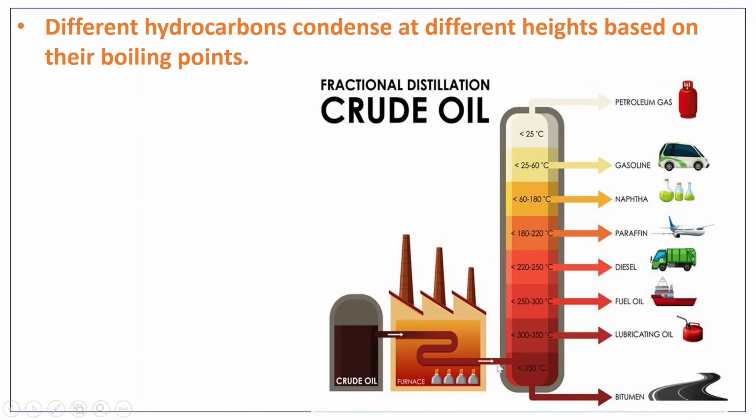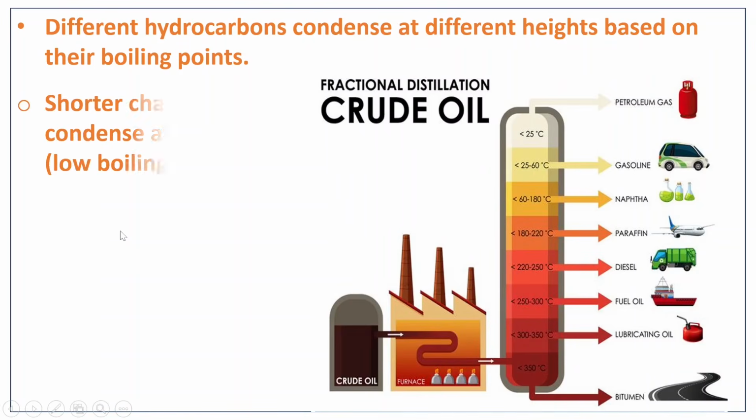As they are pushed into this fractionating column, those hydrocarbon fractions begin to condense from gas to either liquid or solid at different temperatures according to their different boiling points and melting points.